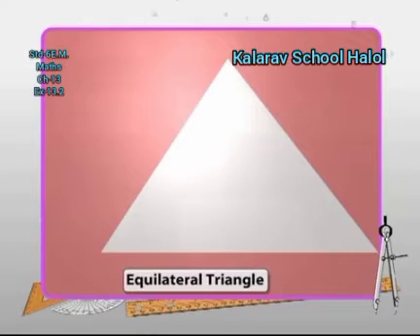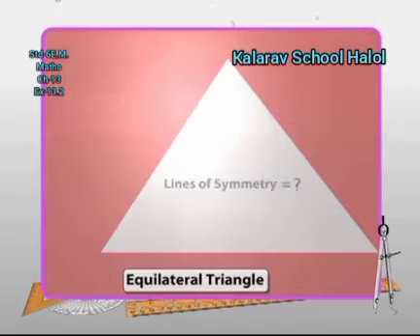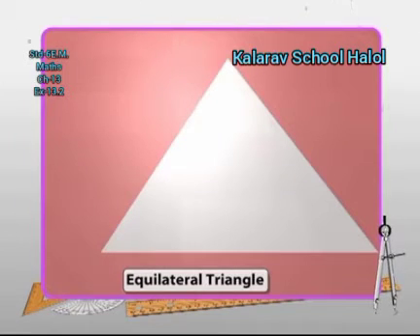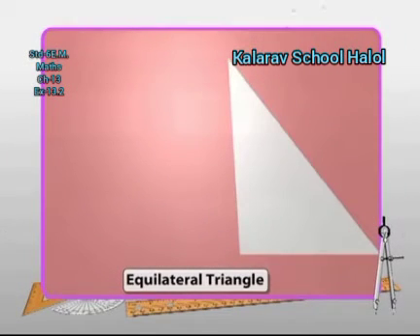Consider an equilateral triangle. Can you guess if it has any line of symmetry or not? A simple test to determine if a given figure has a line of symmetry or not is to fold the figure along the supposed line of symmetry and check if the two halves of the figure coincide.